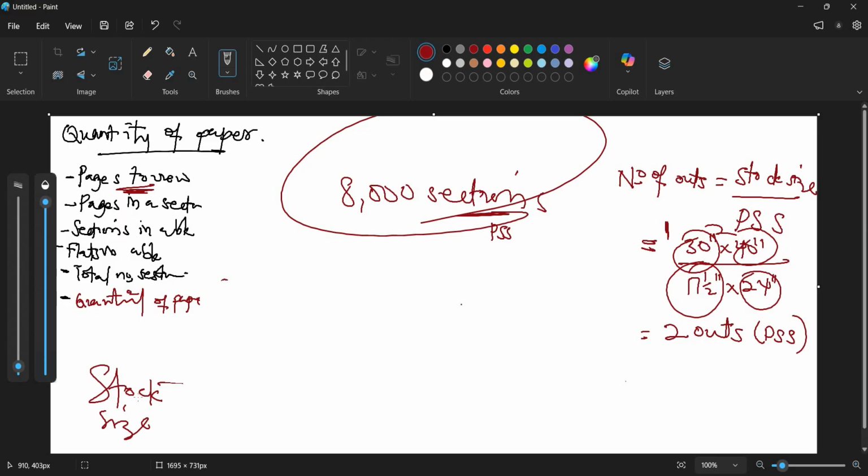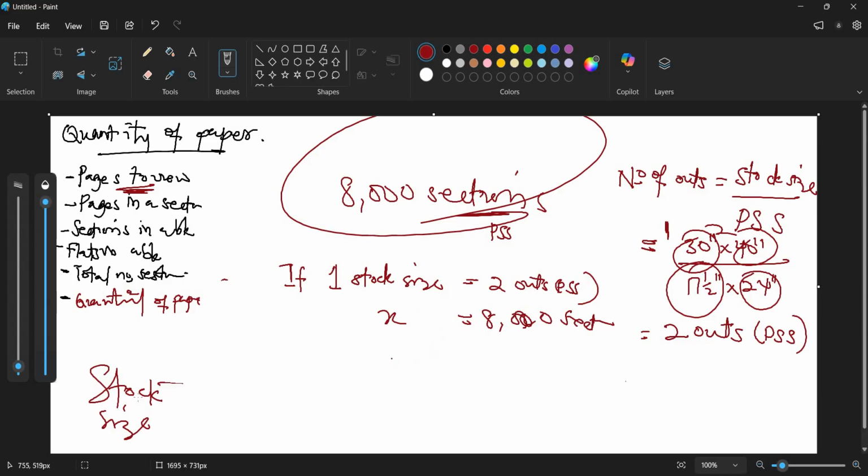As a result, if from one stock size I'm getting 2 out of my PSS, right? How many sections do we have in all? 8,000 sections.